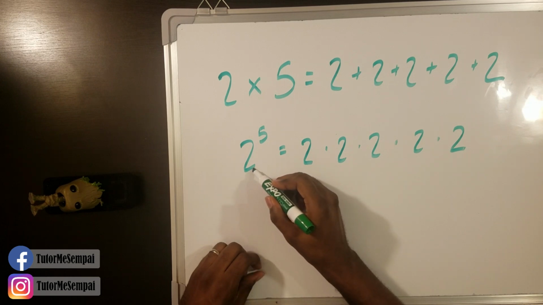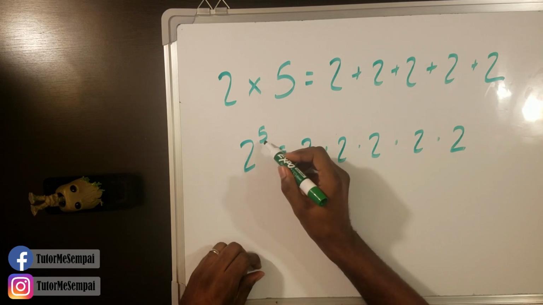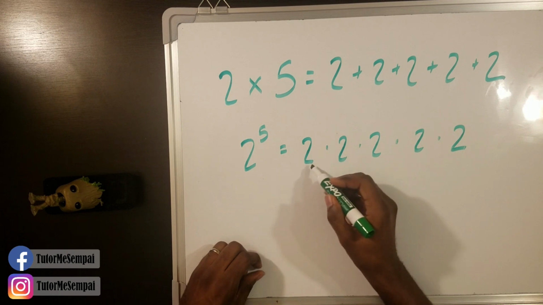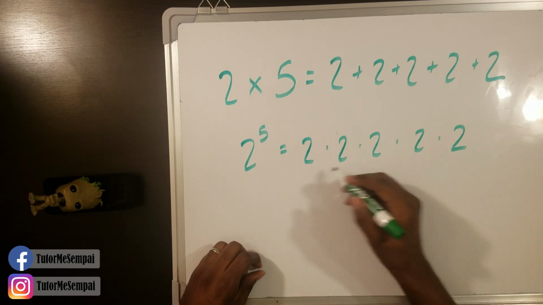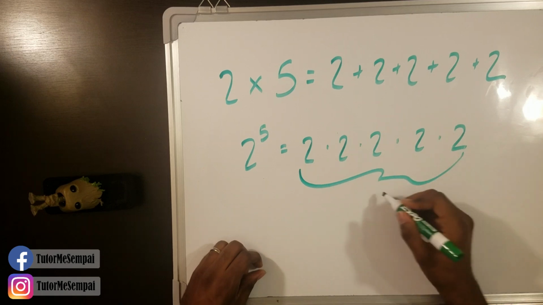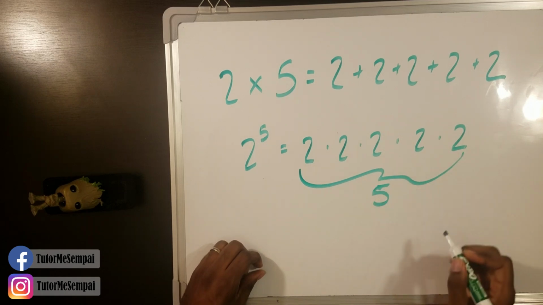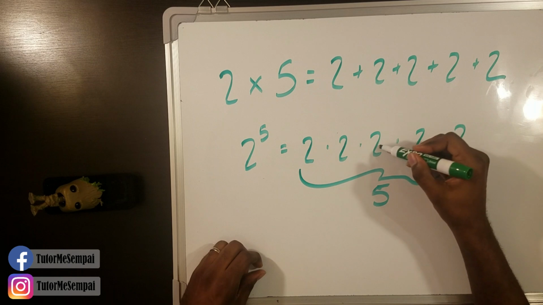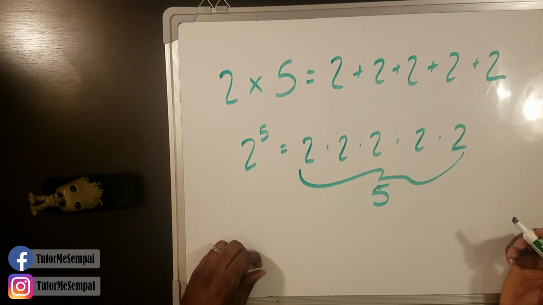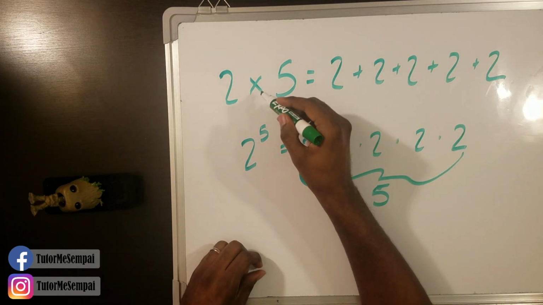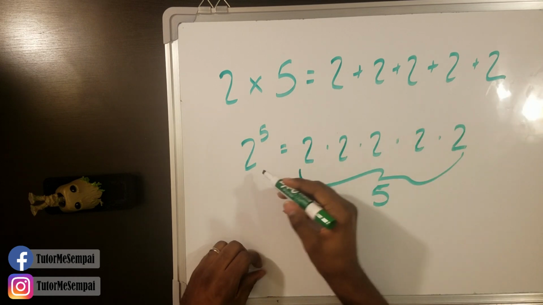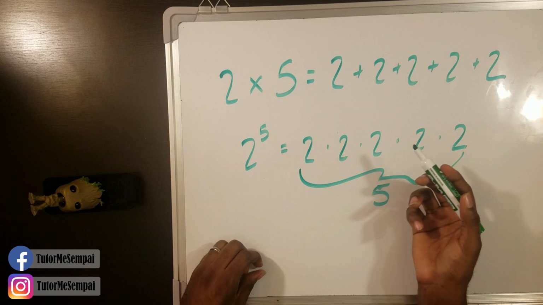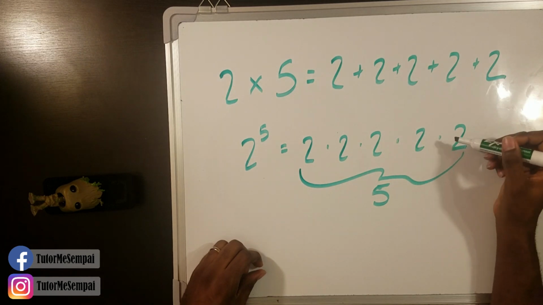So 2 to the 5th power, or 2 to the 5th, or 2 raised to the 5th, is simply 2 multiplied by itself 5 times. 2 times 2 times 2 times 2 times 2. So if multiplication is just shorthand for repeated addition, you can think of exponents as shorthand for repeated multiplication.